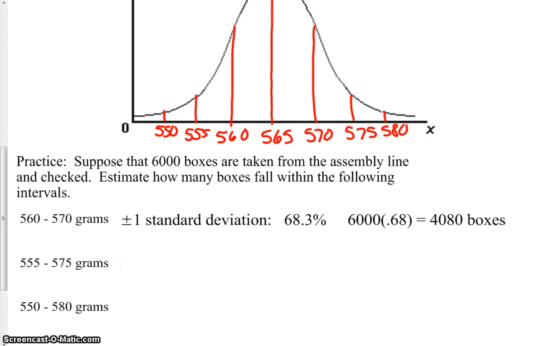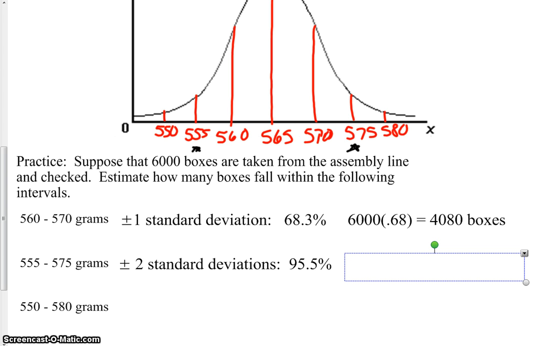The next thing we want to look at is 555 to 575. Here's 555. Here's 575. So that is 2 standard deviations on either side of the mean. That means it's just going to be the same percentage for 2 standard deviations, or 95.5%.